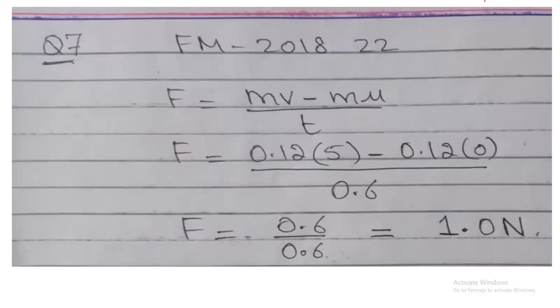So the mass is 0.12 kg, the final velocity is 5 meters per second, and the initial velocity is 0. The time for this change is 0.6 seconds. Just put those values there: 0.12 multiplied by 5 minus 0.12 multiplied by 0, divided by 0.6. You will get 1 Newton. So 1 Newton is the answer.